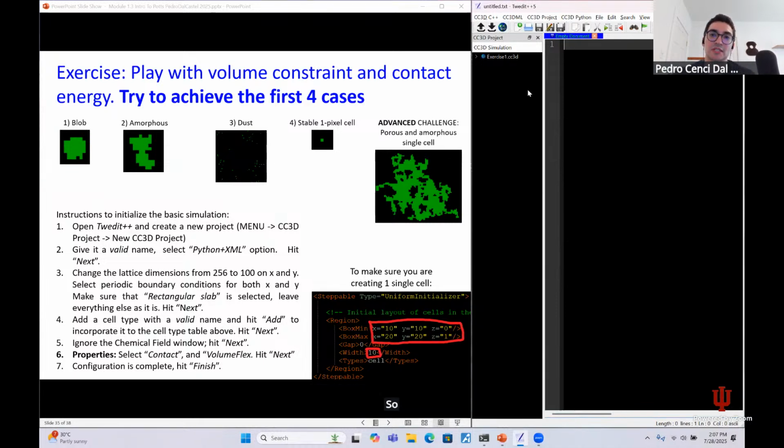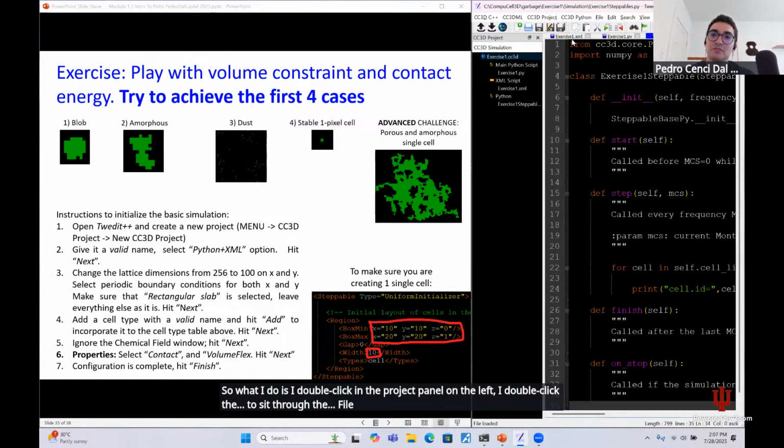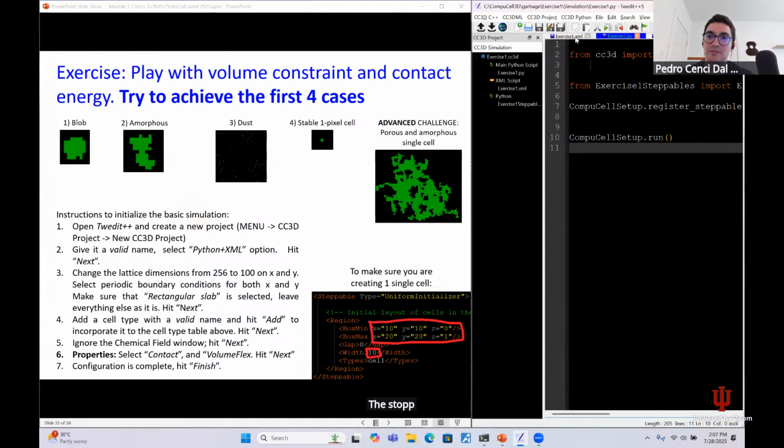So what I do is I double click in the project panel on the left. I double click the CC3D file, like so, and then it opens the three simulation files here: the XML, the steppables, and the master Python.